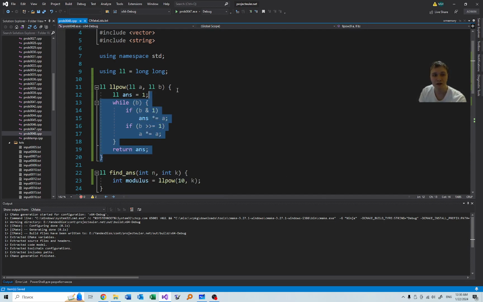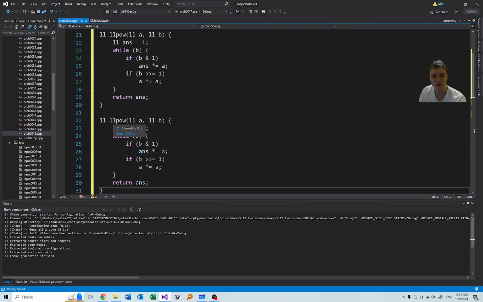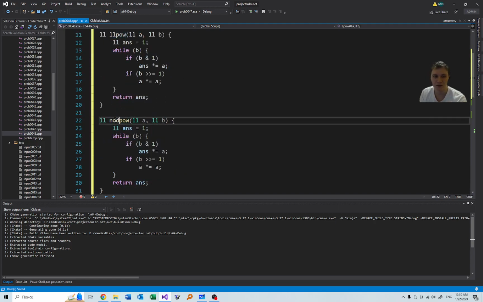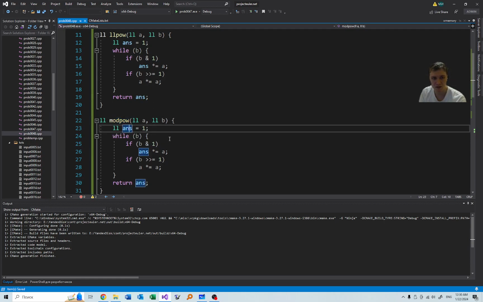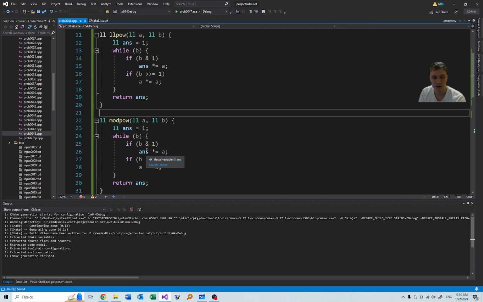Great. Actually, the same way we can write a function mod power, which does the same thing, but here it does the following.